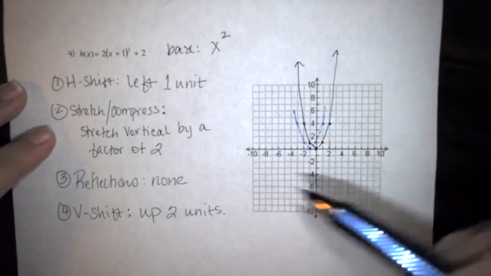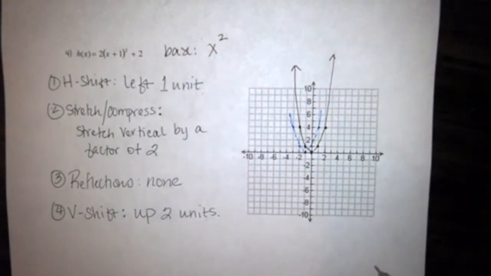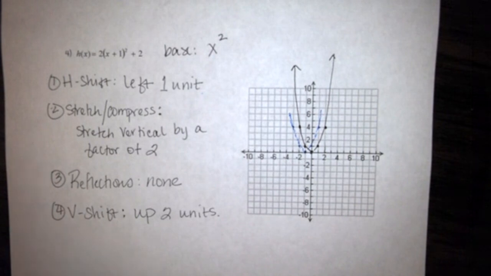Now we have to do our stretch or compress. Remember, we are doing a vertical stretch by a factor of 2. When we're talking about a stretch, we're talking about pulling it away from that x-axis. So in this case, your graph is going to get skinnier.